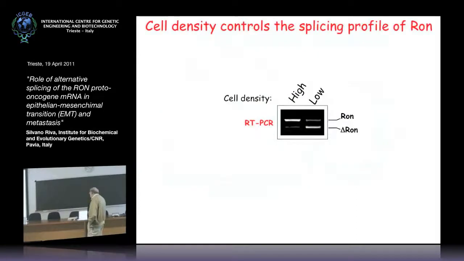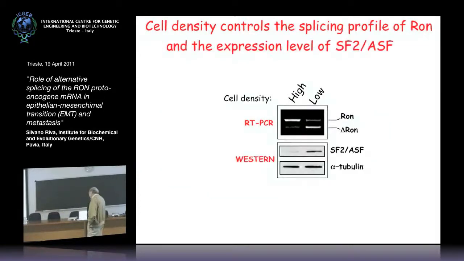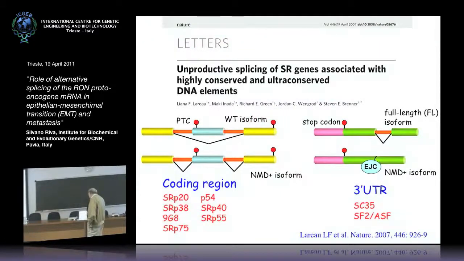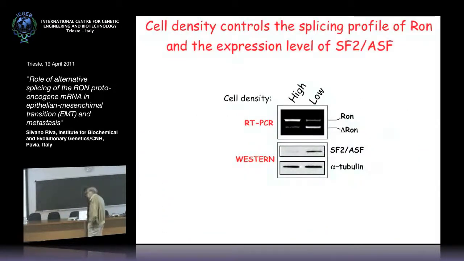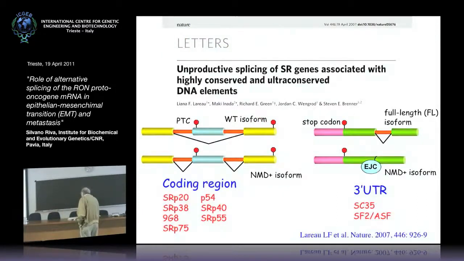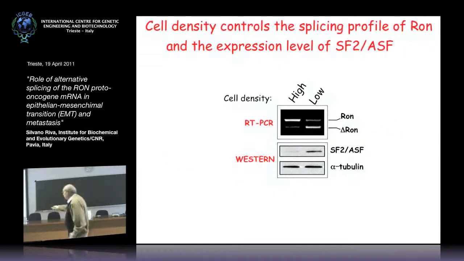So, what is the proof? What is the demonstration that this is a good model? This high and low density. That cell density controls the splicing profile of RON and the expression level of SF2. You see, at high cell density, you have the inclusion of the exon.